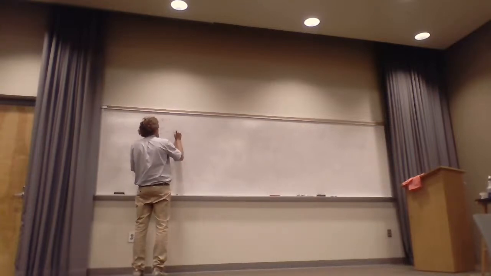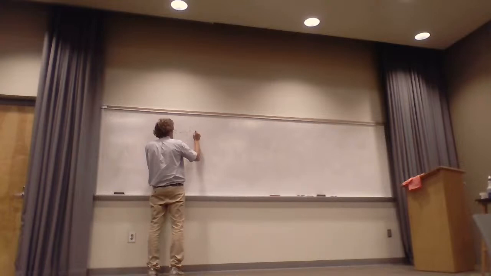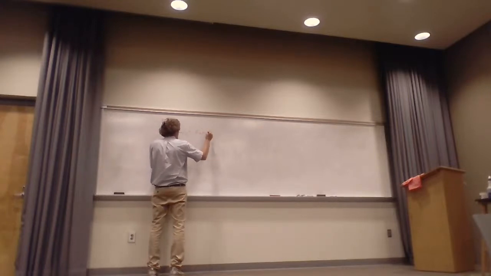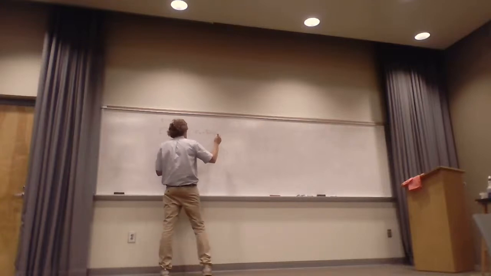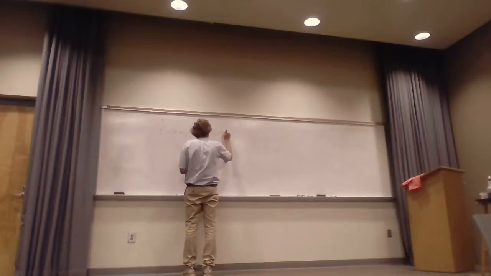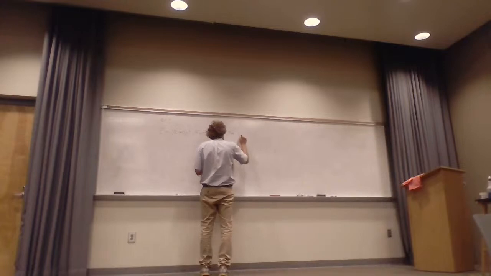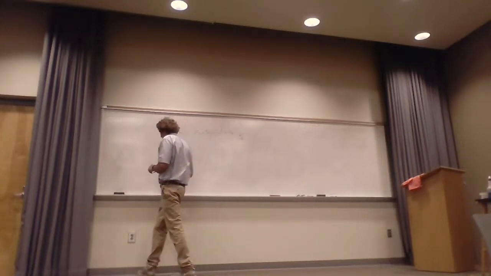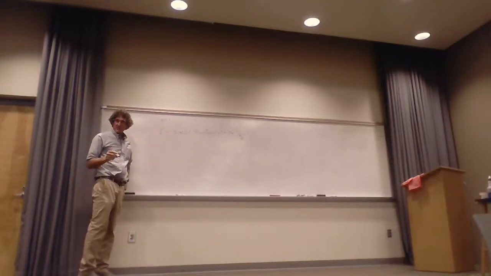I'm going to put 2 cosine of omega t, AX, plus 3 cosine of omega t plus pi over 4, AY. This is at Z equals 0, so we don't have to worry about the beta z business, okay?